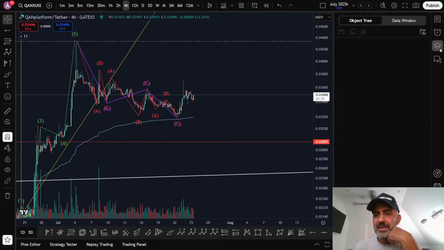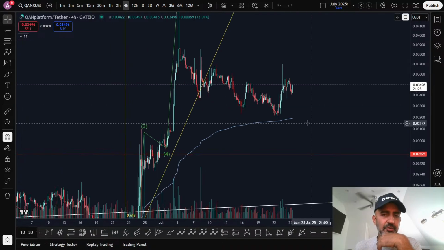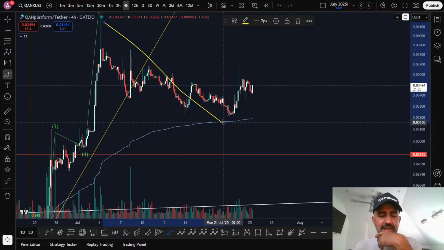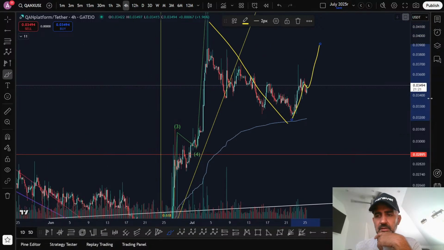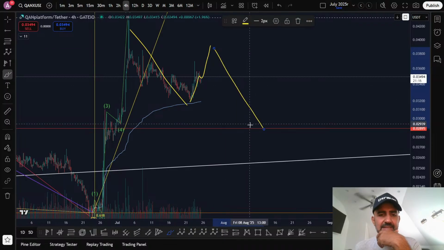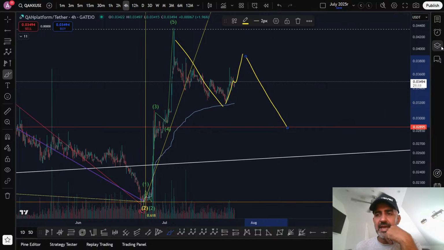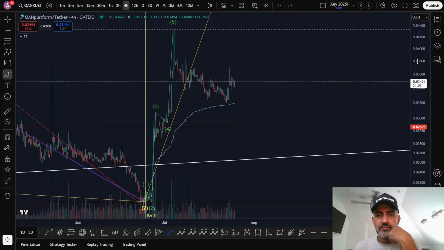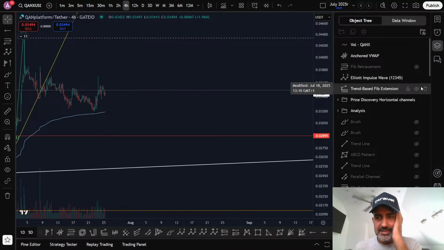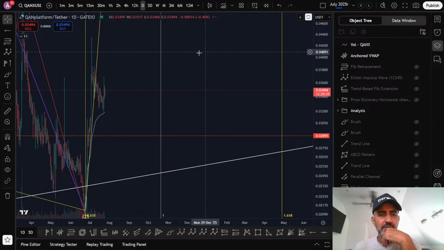It's a little bit messy. I'm not 100%, because the problem with these types of moves is that you could end up with this whole thing being the corrective A, that's the corrective B, and then you're still looking for a corrective C, which actually takes us down to there. Yeah, that's the problem with these moves. So when you're looking at impulsive moves, you really want to see real impulse and continuation. Until you get that, it's not terribly easy to know if this has begun moving.